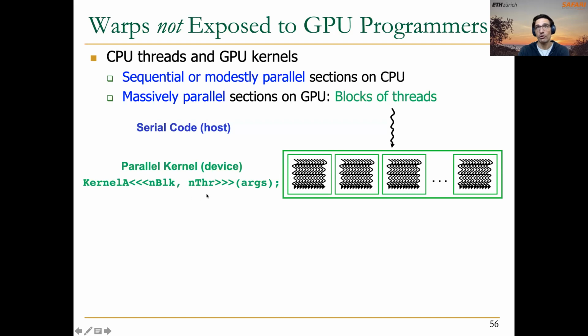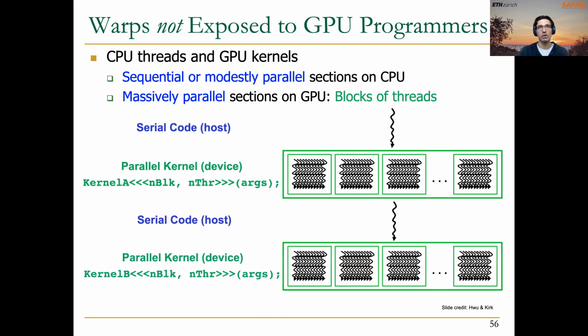Here we define the number of threads that we are going to use on the GPU, and we group these threads into blocks, as you can see on the slide. When one kernel terminates, control returns to the CPU, some more serial code is executed on the CPU, and at some point a new kernel may be launched for execution on the GPU.